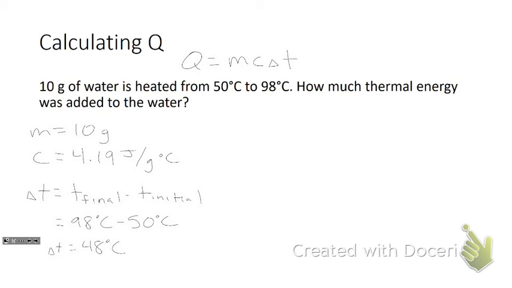So now that I know my mass, I know my specific heat capacity of water, and I know my change in temperature, we can just plug this into our formula.